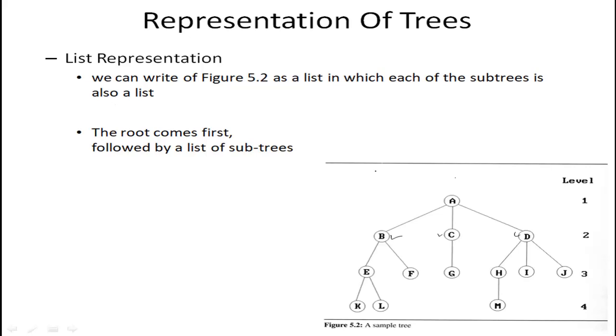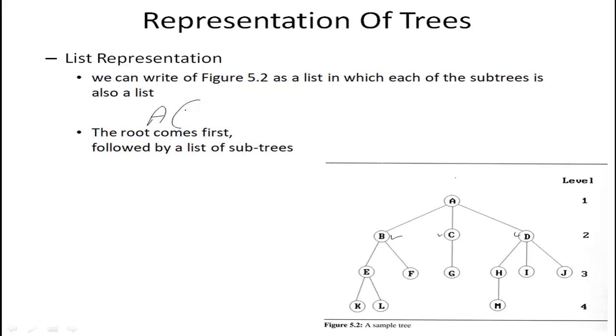So we'll take this as the tree. This is one representation, and we'll try to convert this into a list representation. For that, first I will write a list over here. We have one node which is A, which is nothing but the root node. Next, A has how many children?